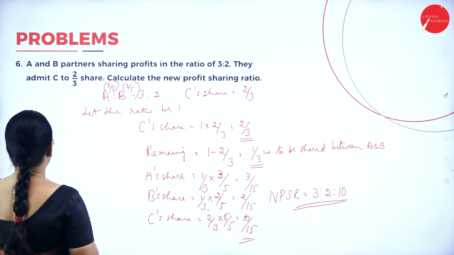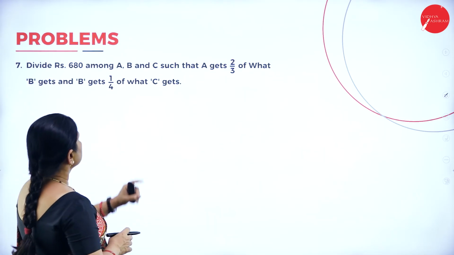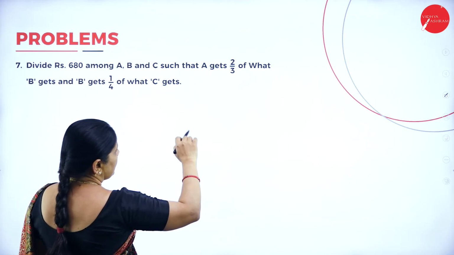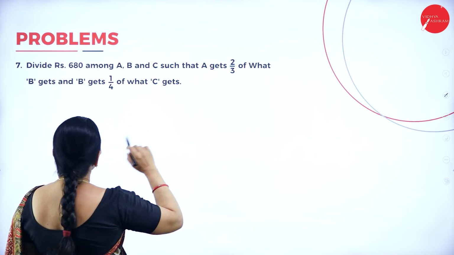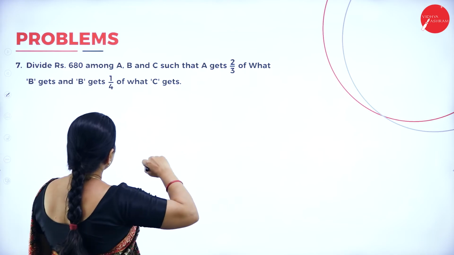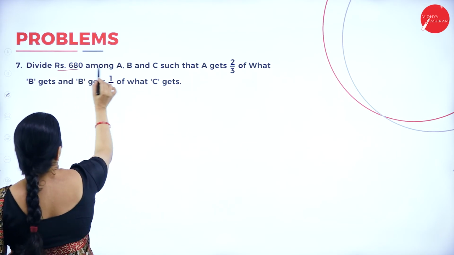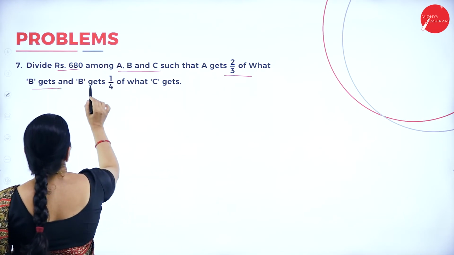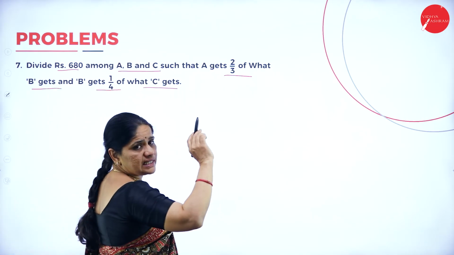Now, the next problem. Divide rupees 680 among A, B and C such that A gets 2/3 of what B gets and B gets 1/4 of what C gets.